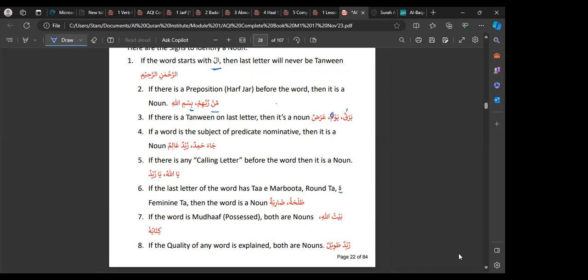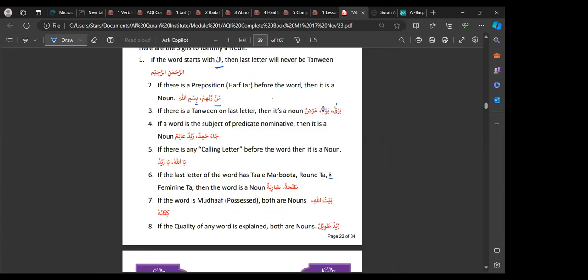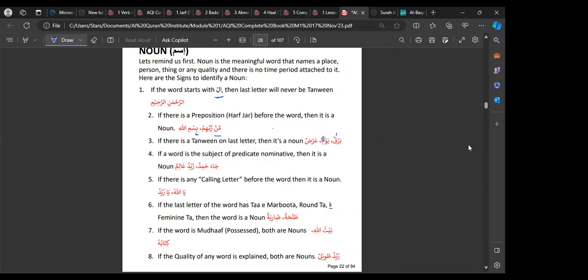Before we move on to verbs, Ustad Sadiq, is there anything you would like to add to this section? Yeah, I suppose one thing I'd add is, again, there may be a few rules here, but inshallah, you'll see plenty of examples of these rules in play. And as we go through the lessons, some of this will start making sense, inshallah, because you'll see it in action. So first, we're just giving you all the signs which tell you that a word is a noun.